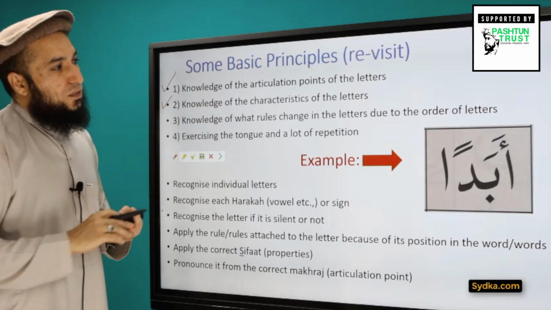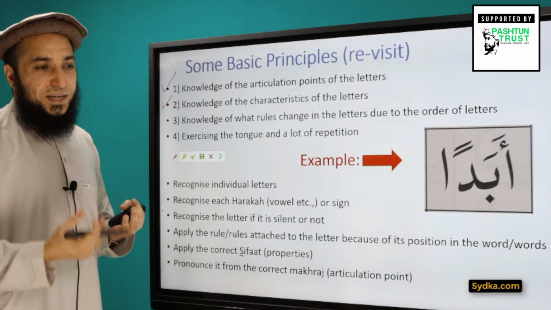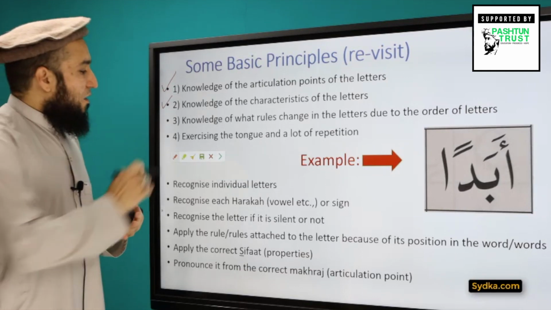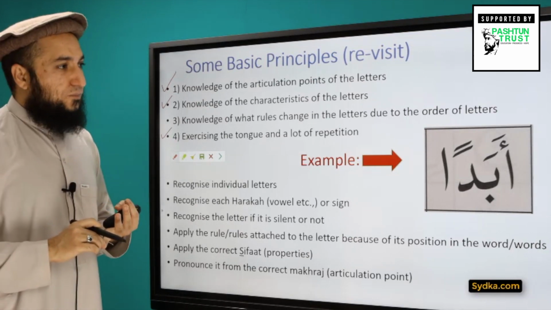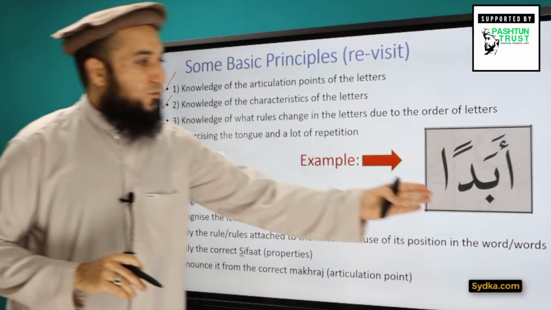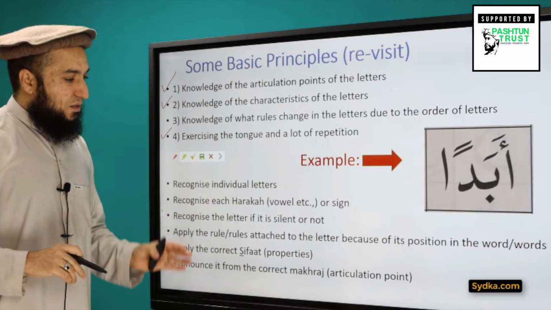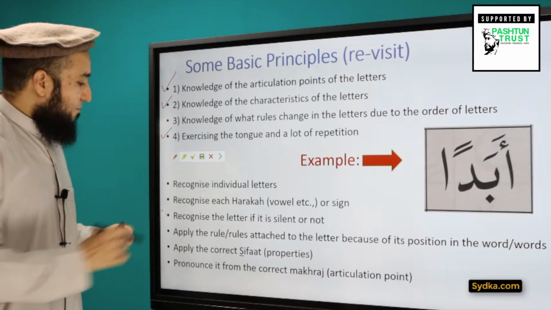The third one is the knowledge of rules attached to individual letters because of their position in a word or words. The fourth one is exercising the tongue and a lot of repetition. So if we are given a word, we have to apply these steps to make our reading or recitation easy.